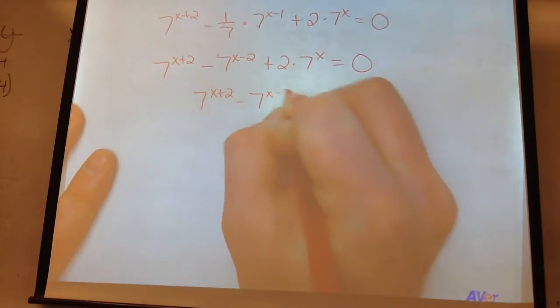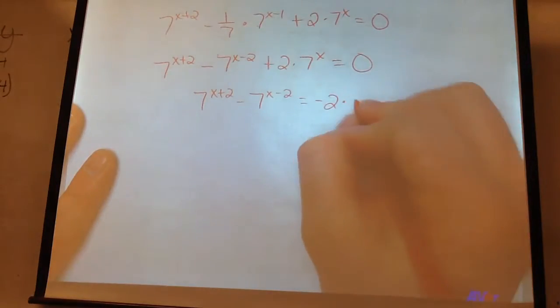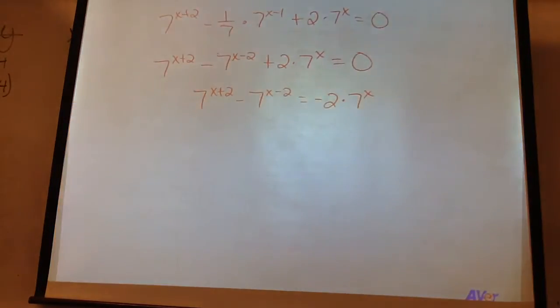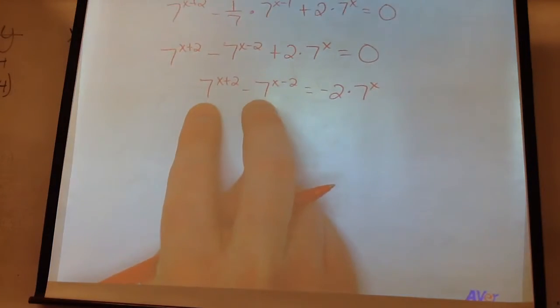I don't see how that helps. Now what? Can you combine those? They're not like terms.